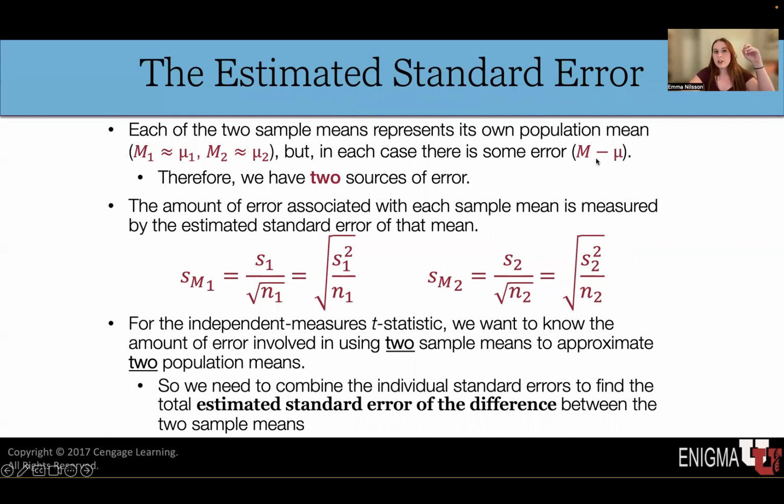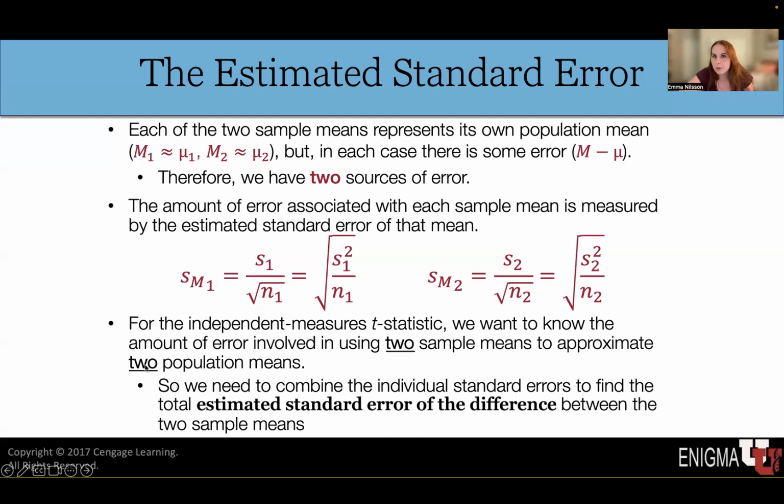When we use the mean of sample 1 to estimate the mean of population 1, that's some error. And then there's another error when we use the mean of sample 2 to estimate the mean of population 2. That's two separate sources of error. So the amount of error associated with each sample mean is going to be measured by the estimated standard error of that mean. Estimated standard error of mean 1, estimated standard error of mean 2.